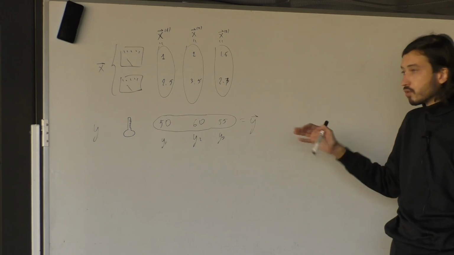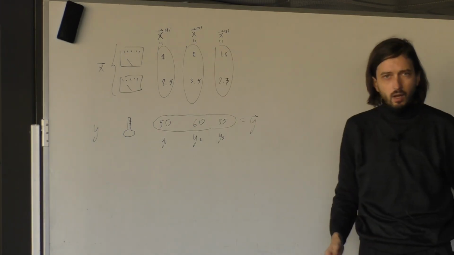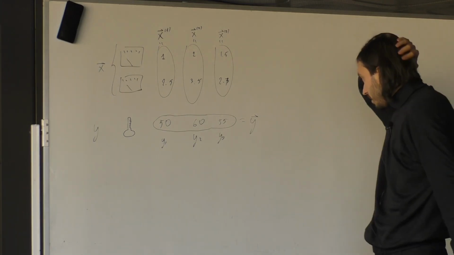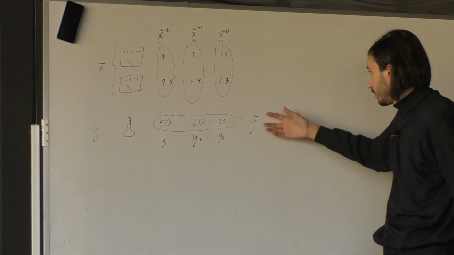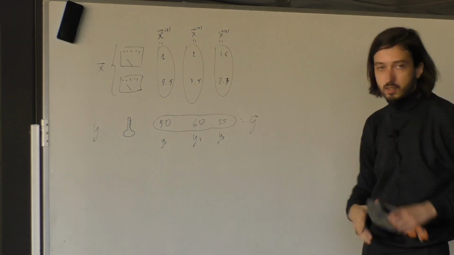In the general case, of course, you will get more measurements than you have features. Otherwise, it's a strange problem. So in general, you will have many more components in Y than in each X.